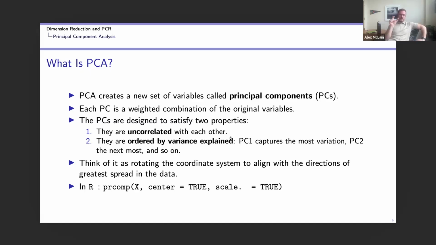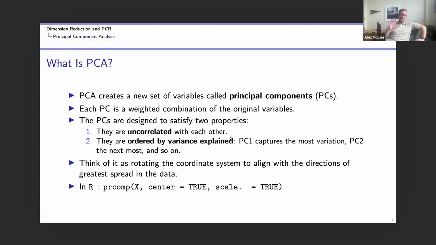So the first principal component has a correlation exactly equal to 0 with the second principal component. The third principal component has a correlation exactly equal to 0 with the first and the second.